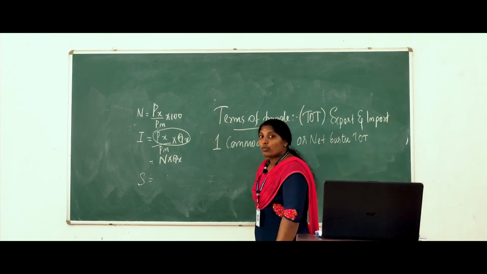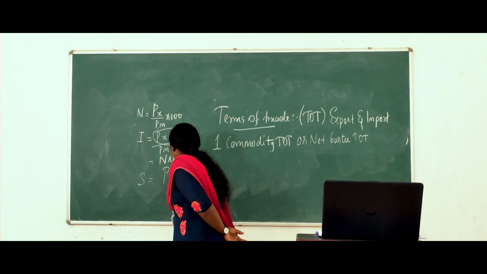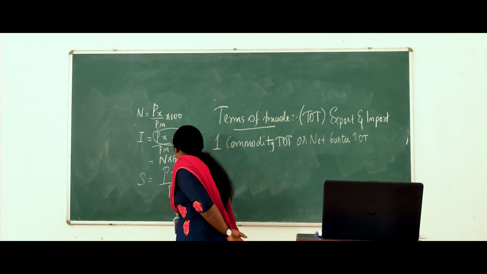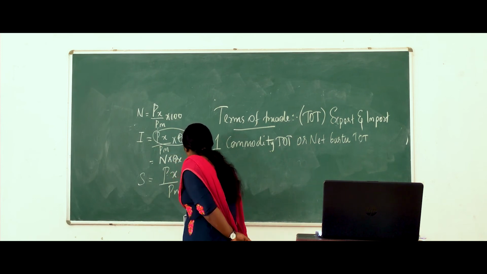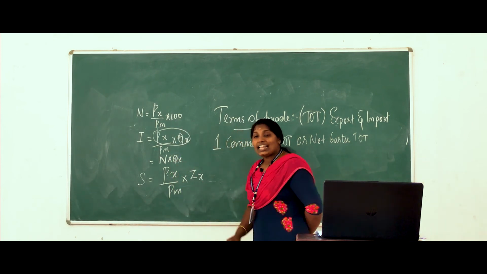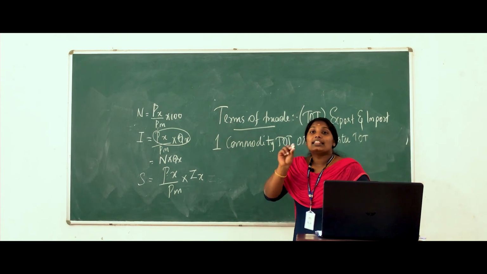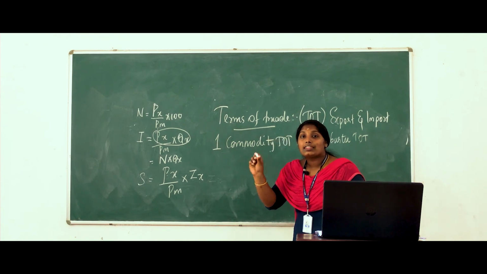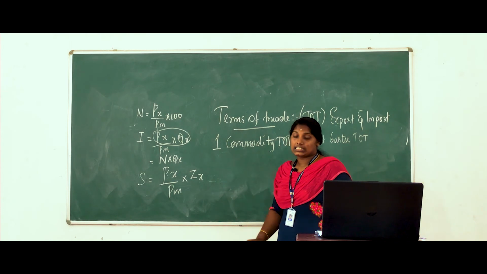So S is equal to Px divided by Pm into Zx, where Zx is the country's export productivity index.